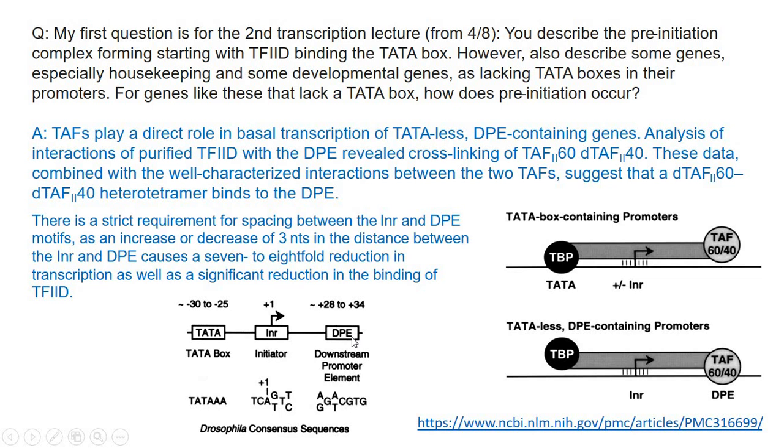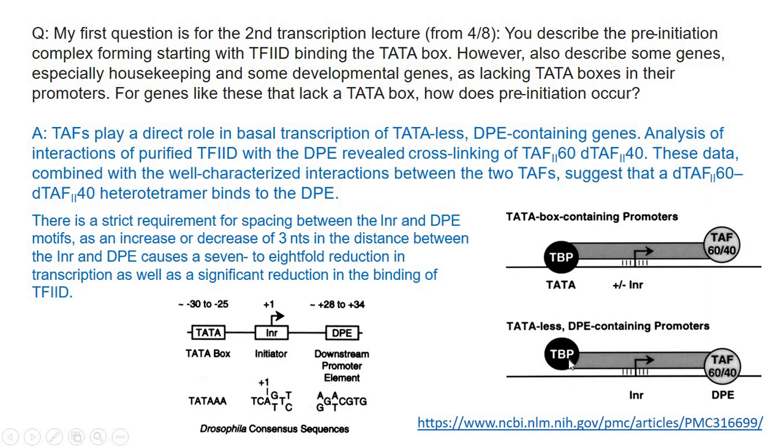The downstream promoter element is bound by transcription factor 2D, and transcription factor 2D brings these auxiliary factors 60 and 40. These auxiliary factors need to bind to the DPE. When they bind to the DPE, the TATA binding protein also binds to some sequence upstream of the initiator region.